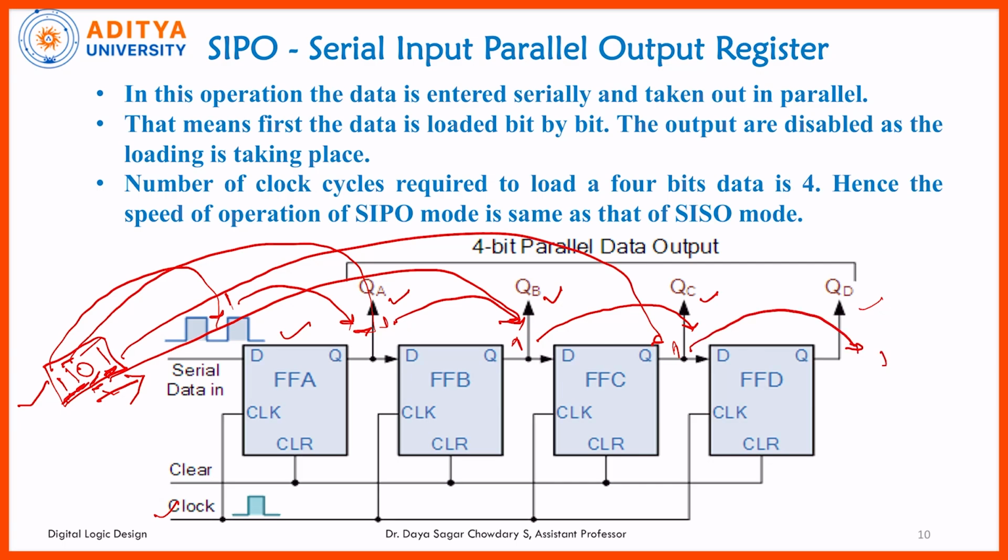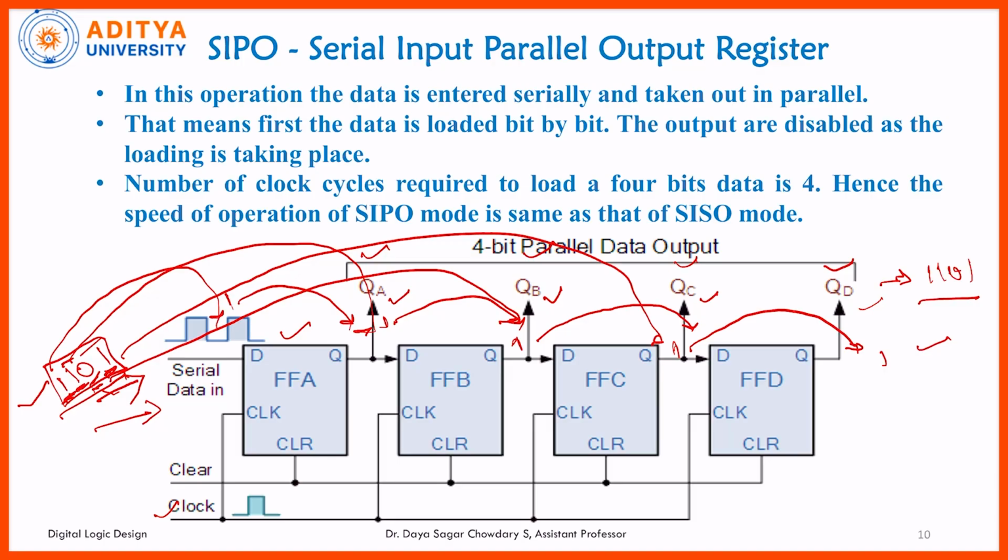So finally we apply that 1101 as serial, but we can collect the same output at QA, QB, QC, QD, that is 1101, after 4 clock pulses only. Likewise we can use this serial input, parallel output.